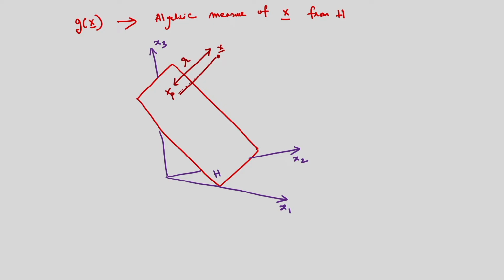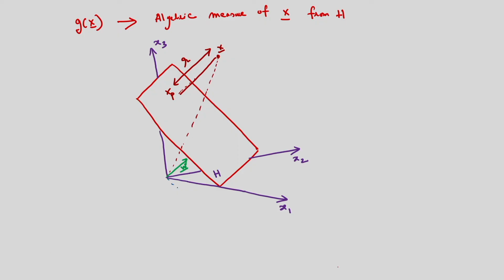So the point x is considered, and from the point x we are drawing a perpendicular to the hyperplane, and xp is the foot of the perpendicular on H. And we are considering the weight vector. So this is my weight vector that is perpendicular to the hyperplane, and one distance we are considering, the distance from the origin to the hyperplane.